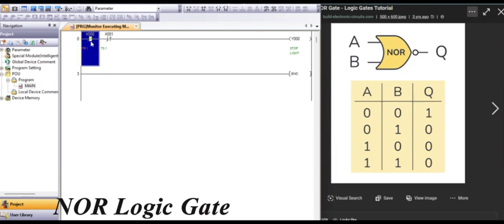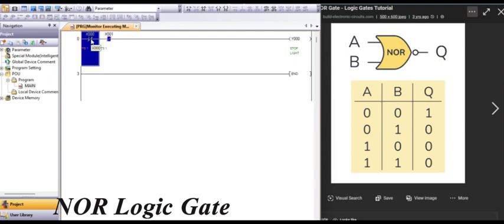If our input A is 1 and our input B is 0, our output is not energized.